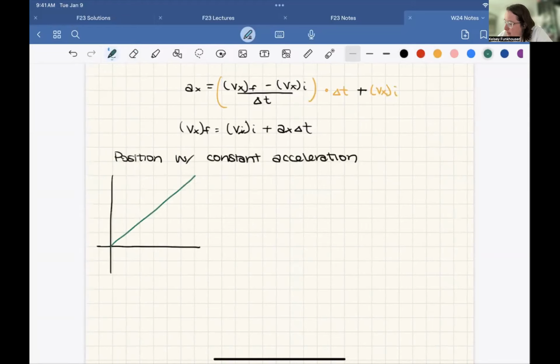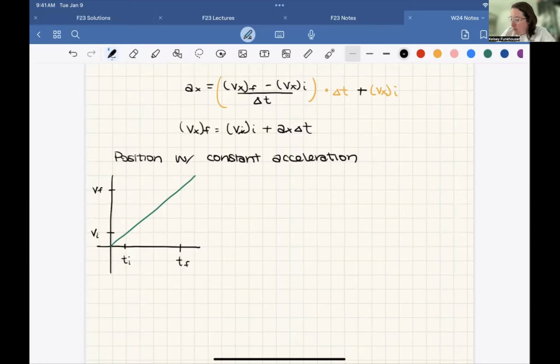So this is a velocity graph. We're going to say this is T final, this is T initial, this is V initial, and this is V final.